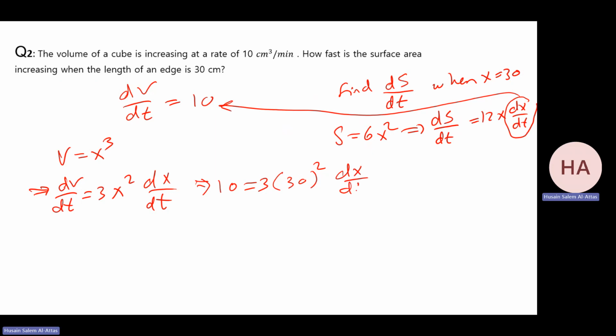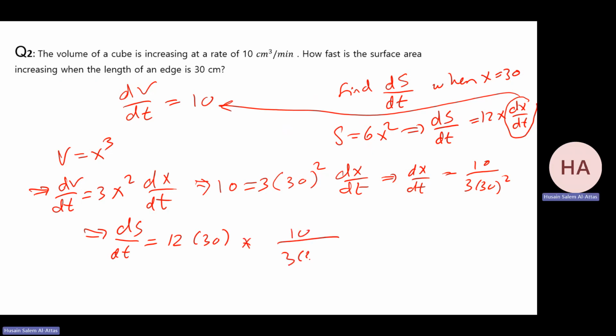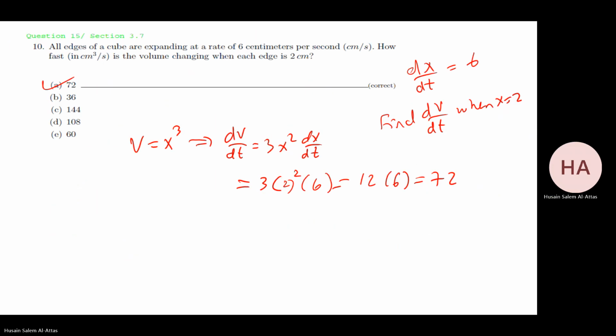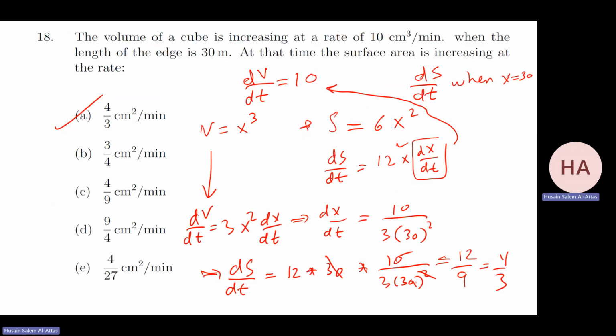I need dx/dt, which will equal 10 over 3 times 30 squared. So ds/dt equals 12 times 30 times 10 over 3 times 30 squared. This cancels, this cancels, 12 over 9, which is 4 over 3. I think we did it before. Yeah, it's this one.